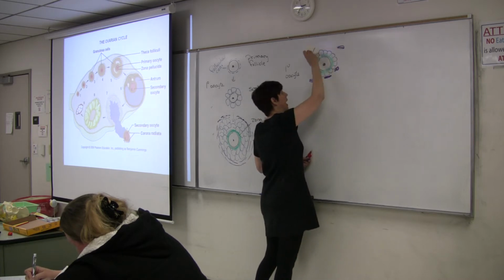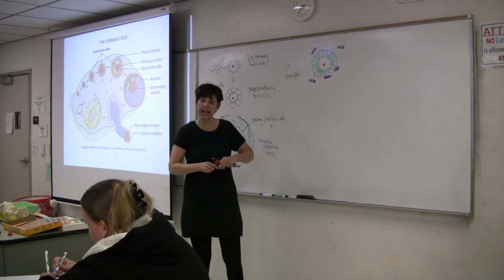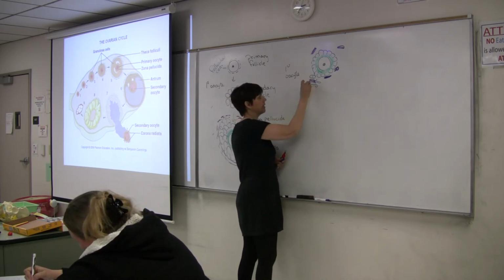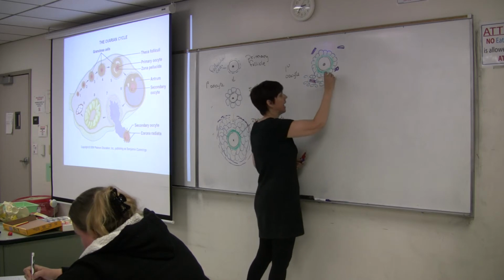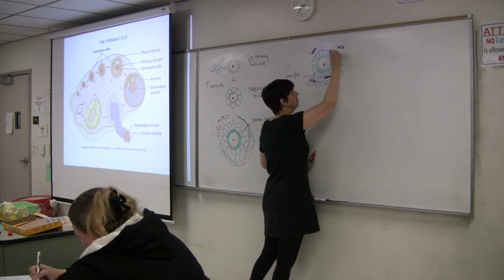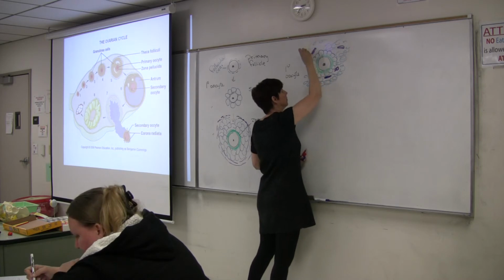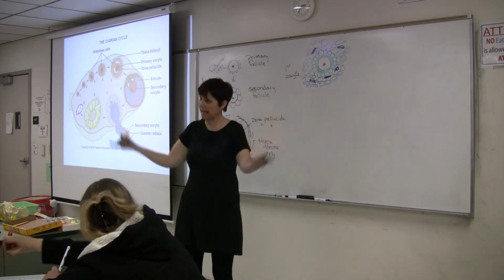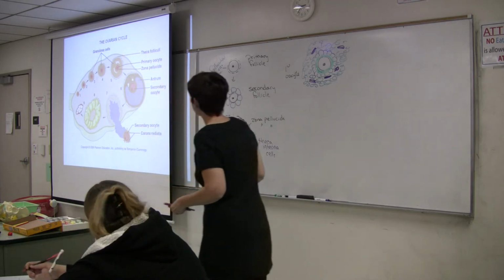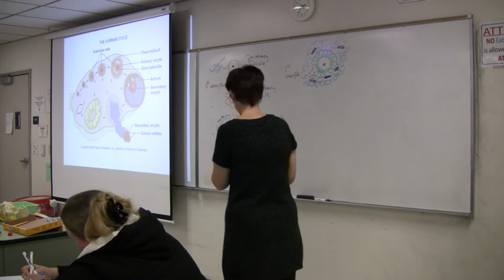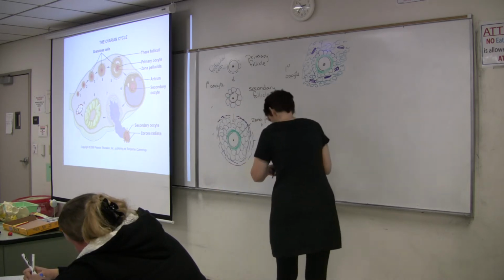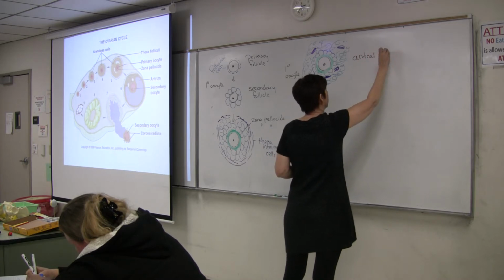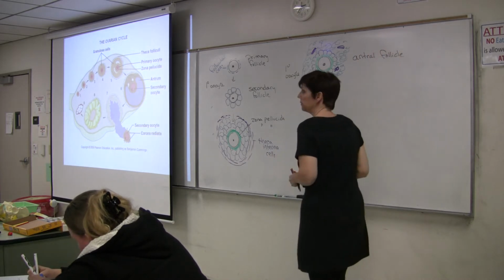As soon as we see those gaps, even if they are scattered, this now allows us to classify this as an antral follicle. Because those gaps are antral. It's like the anteroom, a foyer, so it's a space. So this is classified as an antral follicle.